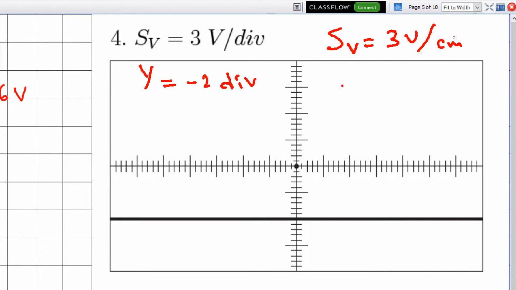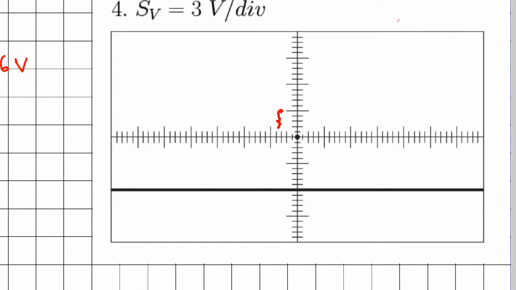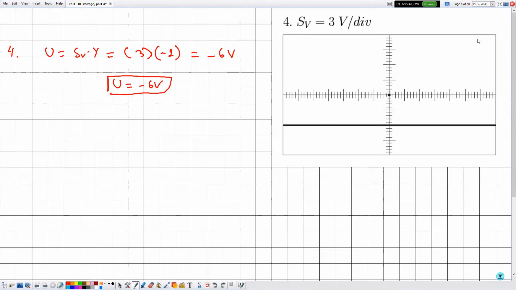In this case Y will be expressed in centimeters. So what does this represent? For each division, this is labeled by divisions: 1 division, 2 divisions, etc. But if the vertical sensitivity is given by volts per centimeter, then each division will represent 1 centimeter, 2 centimeters.